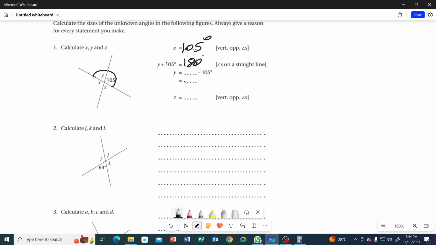Now, what will be the answer? The answer will be 75 degrees. Now, they want you to write the value of Z. Reason is vertically opposite angles. What is Z opposite to? Z is opposite Y. So Z will also be 75 degrees, the same as Y.